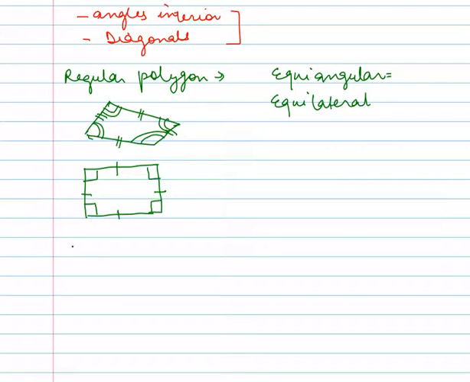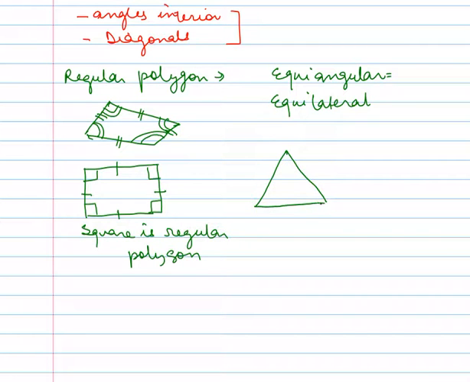So it is a regular polygon, right? An equilateral triangle has all the angles as well as all the sides equal, so this is also a regular polygon, right?